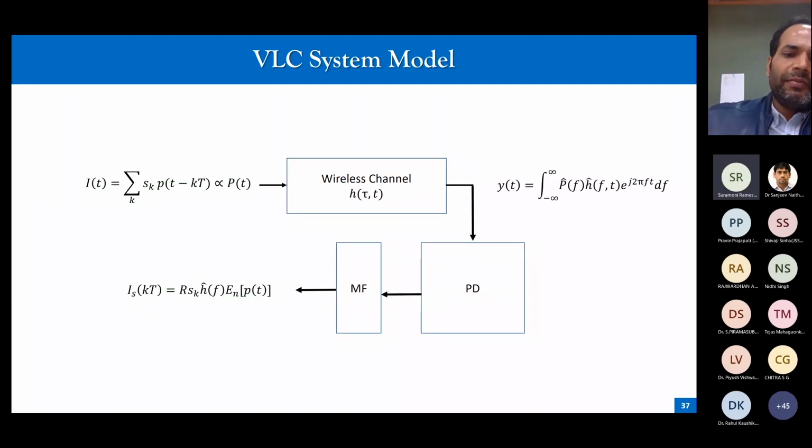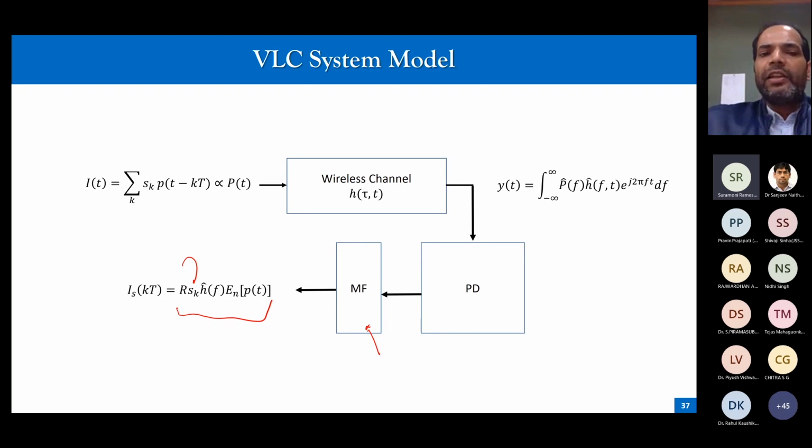And finally, just some mathematics. I will not go into the details of each and every step. Some simple steps you can think through yourself. We get a signal like this. The most important point to see is that the current coming out of the photodiode, after we have used this mesh filter and other things, is proportional to SK. SK contains the information.